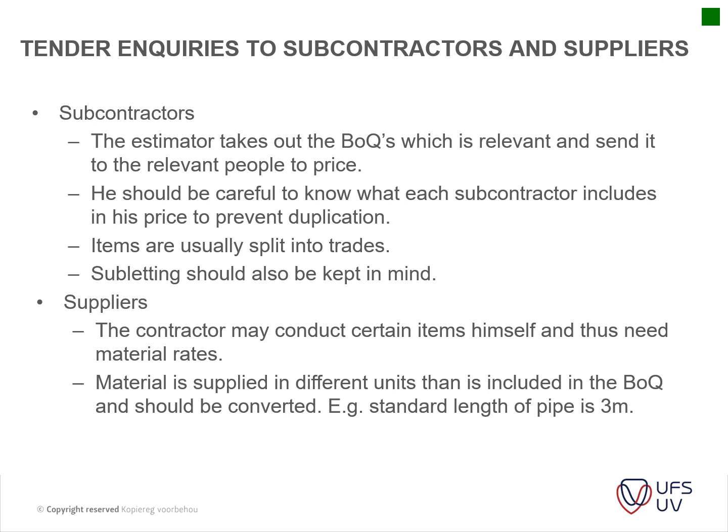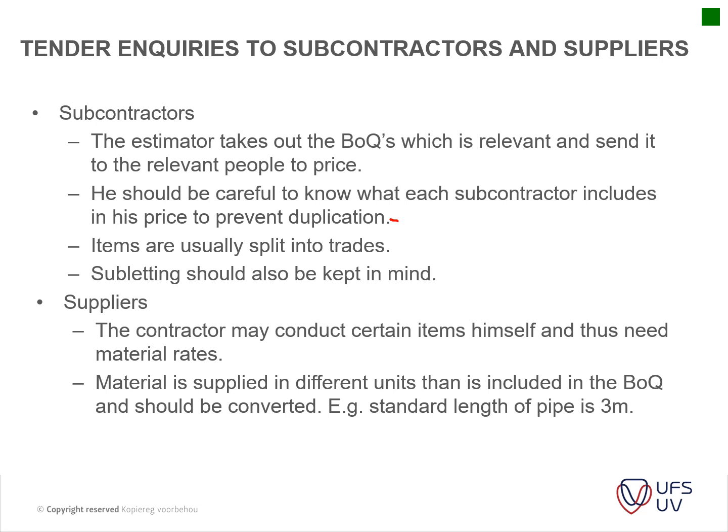Then your tender inquiries to subcontractors. Usually your estimator will send out the sections that he can identify quickly to subcontractors to get feedback as soon as possible from them. So you've got your estimate that takes a BOQ. Okay, that's what I just said. And then you should be careful to know what each contractor includes in his price, and that there's no duplication.